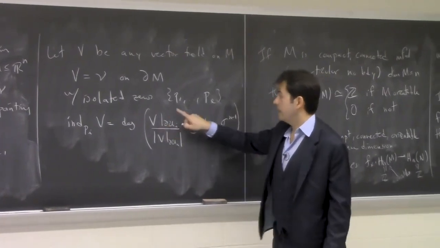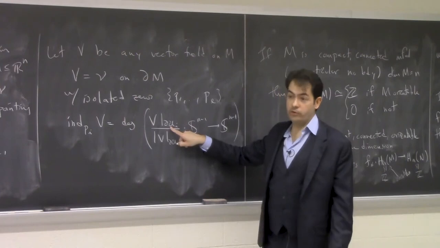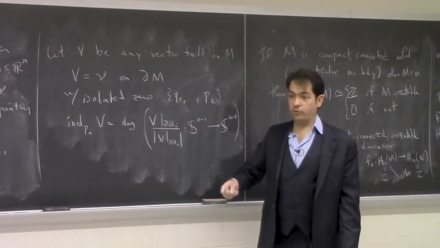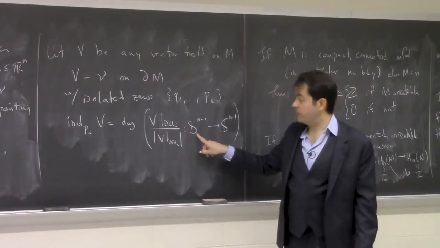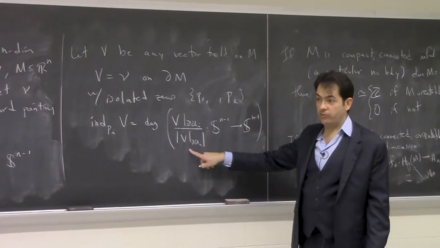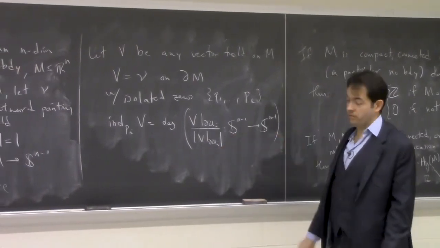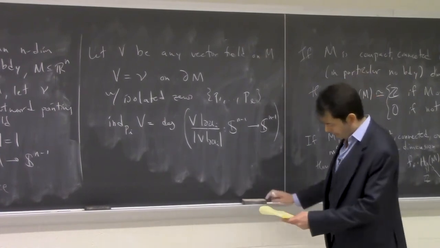This is what I just said. If these are isolated zeros, then each one of them has a little neighborhood with no other zeros, and that neighborhood you can take to be a coordinate chart. So its boundary will be S^(n-1). If you normalize so that it always has unit length there, which you can because there are no zeros, then you get a map from S^(n-1) to S^(n-1), and you can take the degree.